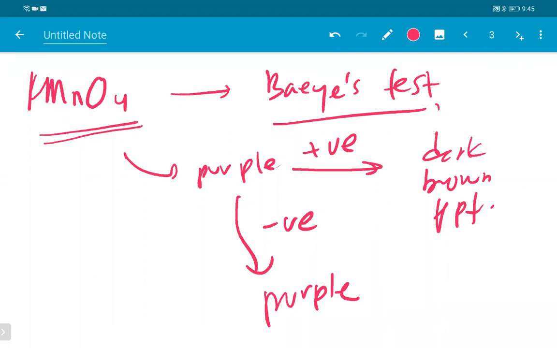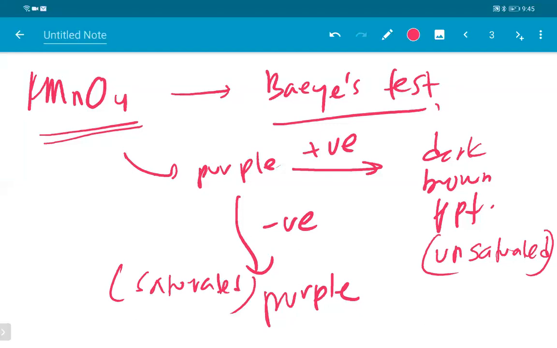Alright guys, sekali lagi, if it's positive changes, we can consider that this is unsaturated. Kalau dia remain purple, meaning that it might be saturated hydrocarbon.